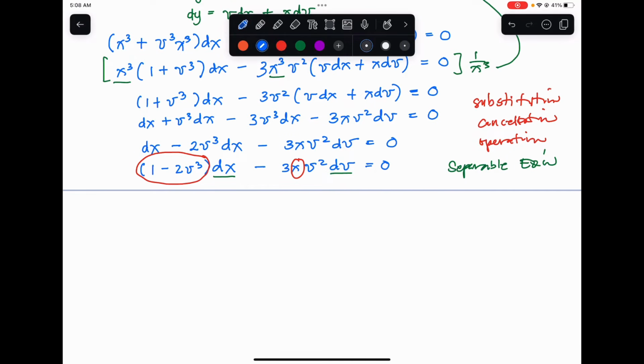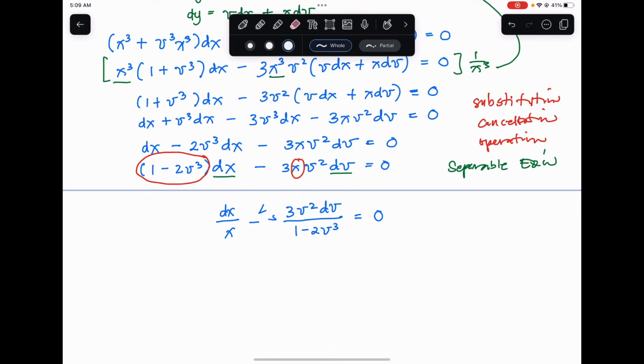So we can now do the separation: dx over x, then minus 3v squared dv over 1 minus 2v cubed, equals 0. So that makes it a homogeneous equation. This is what happened here.